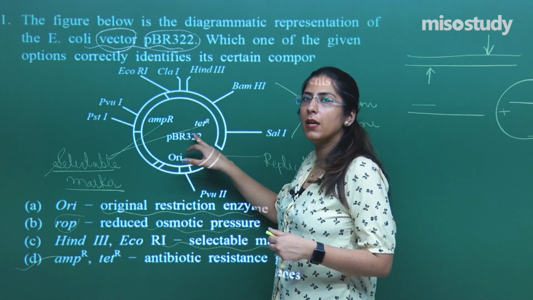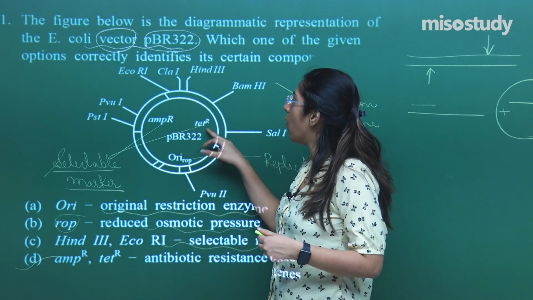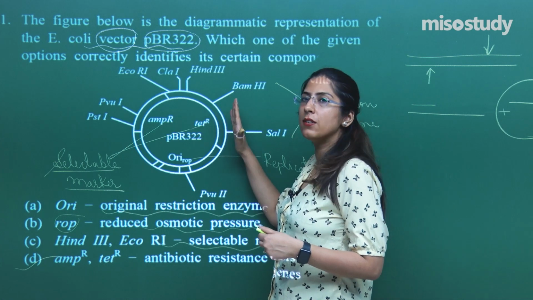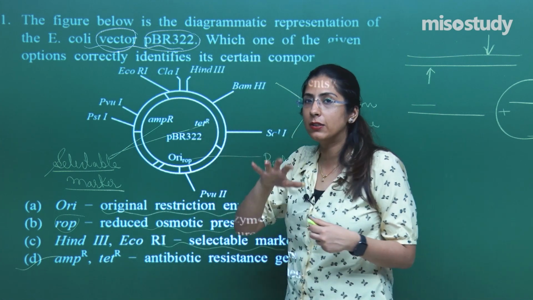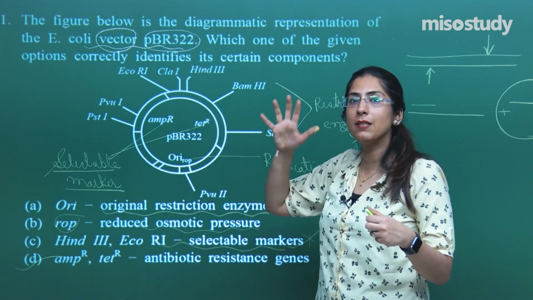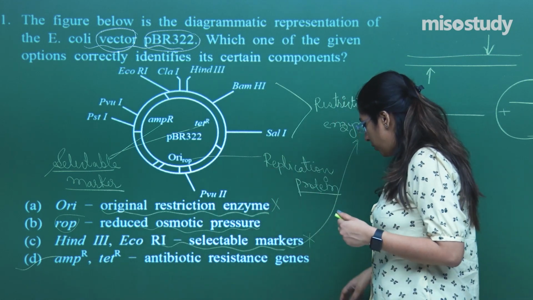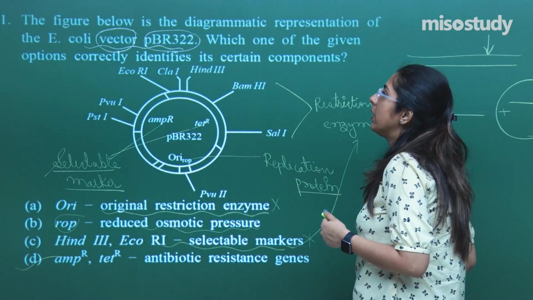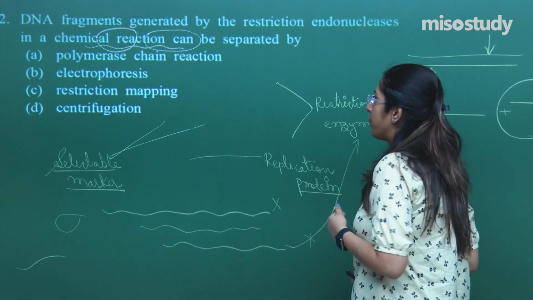Will that cell be able to survive? No, that cell will not be able to survive, because the tetracycline resistance gene is removed, so they will not be able to survive in that, and this is called a selectable marker. That means if the cell is not surviving, our gene of interest has been added to it. So, this was the first question, option D. Hope you are clear with it.